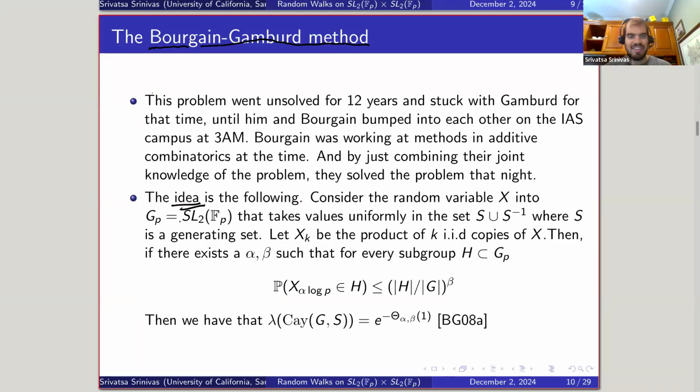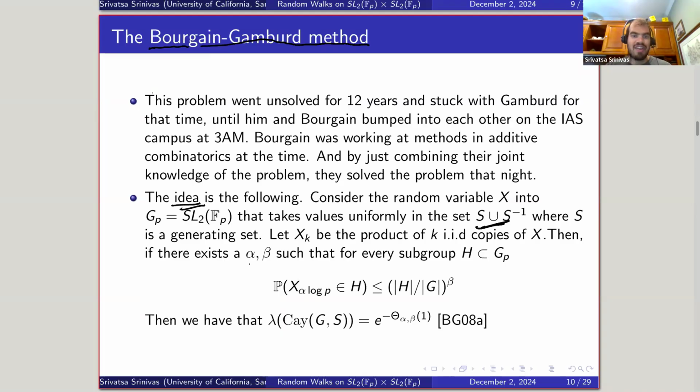Consider the random variable x in SL2Fp that takes values uniformly inside this generating set. Let xk be the product of k independent identically distributed copies of x.